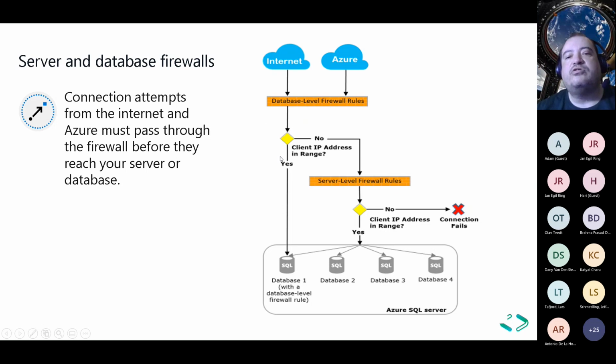If there is no database rule allowing the access, then the server level firewall will be checked. And when the server level firewall is checked, if the IP is allowed, the user will be able to connect. And being able to connect, the user will be able to see all the databases.